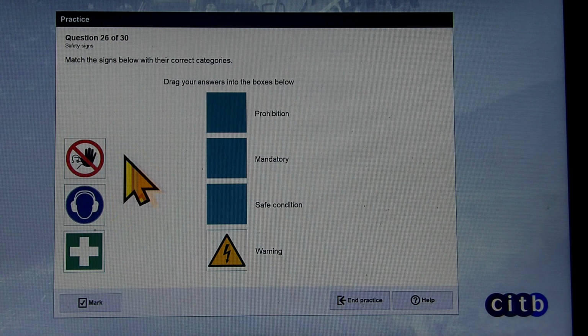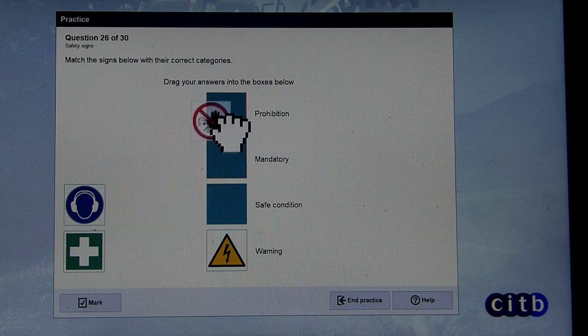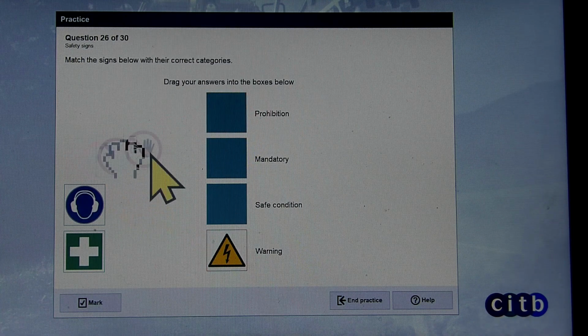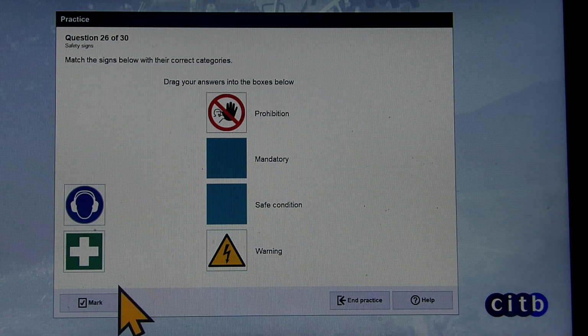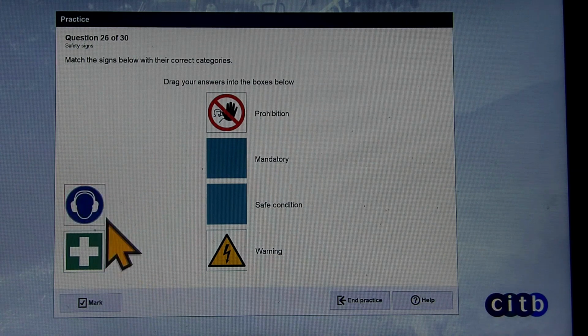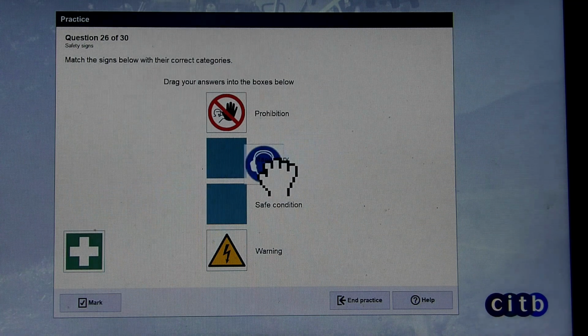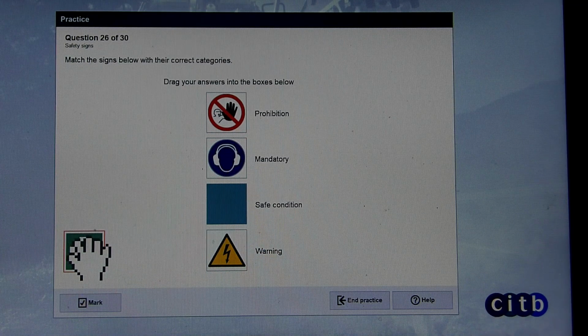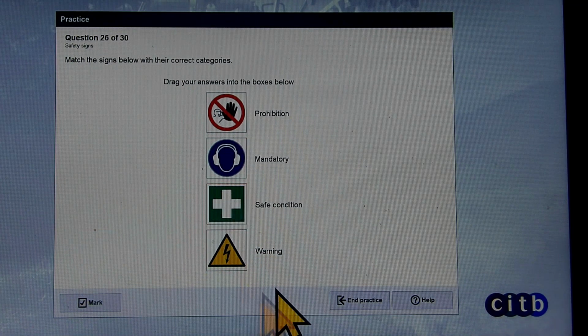How about this one? It's prohibition. Prohibition, we must not do. How about this one? This is mandatory. And this one is safe condition.